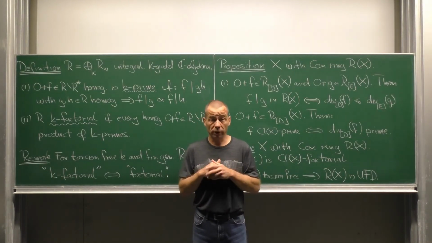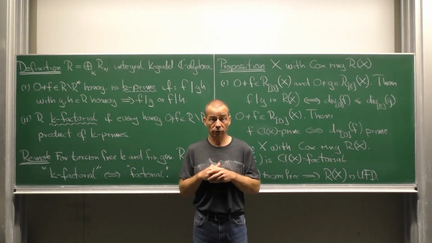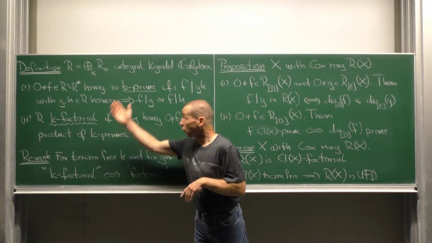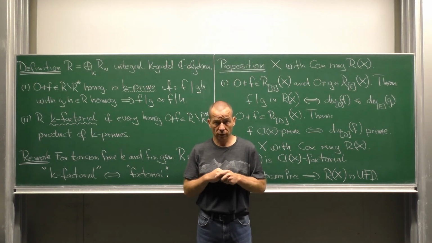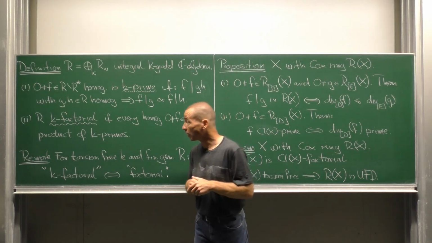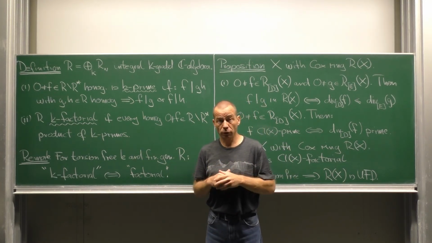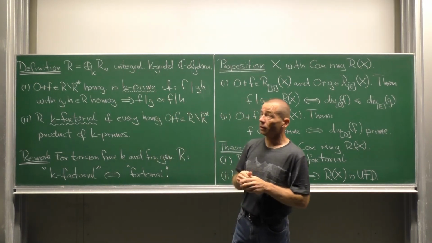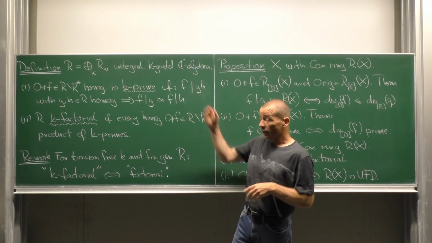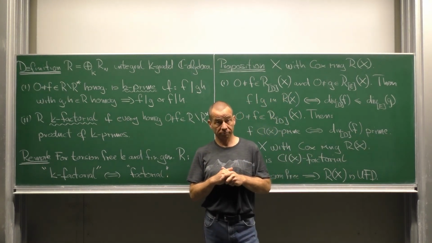We come to divisibility properties of the Cox ring. What we need are homogeneous versions of the standard notions. So consider a C algebra R which is integral and graded by an abelian group K. A homogeneous, non-zero, non-unit F of R is called K prime if it satisfies the following: whenever F divides a product of two homogeneous elements, then it divides one of the factors.